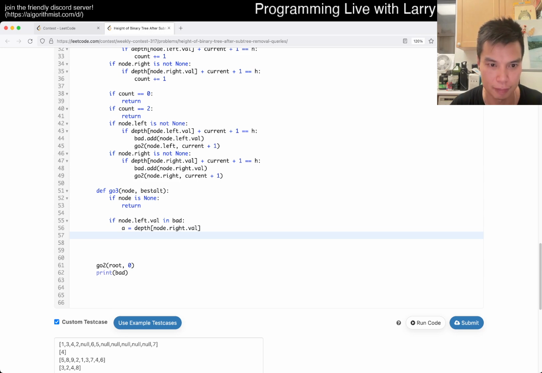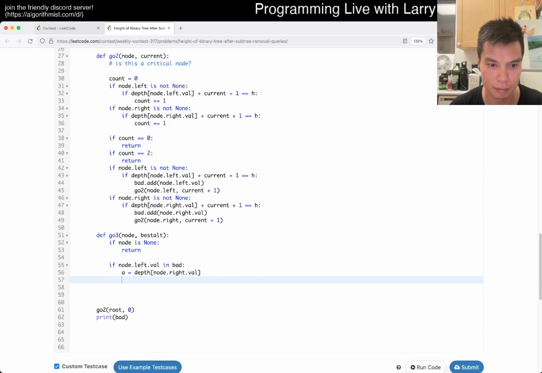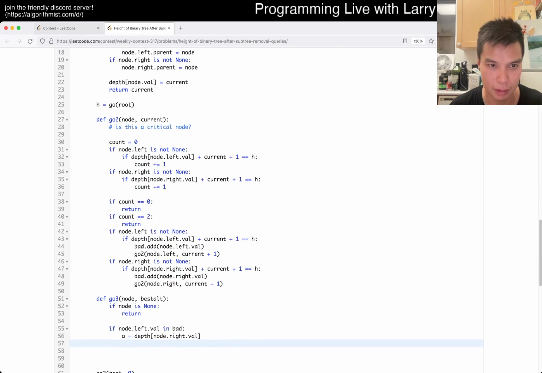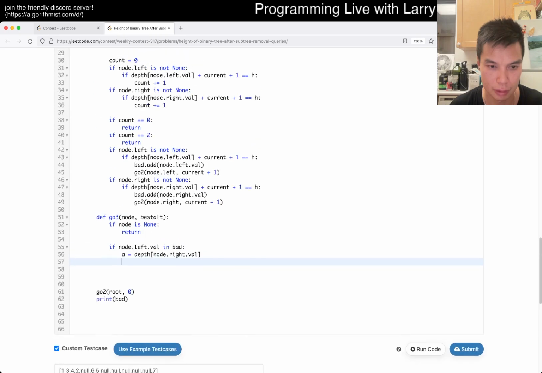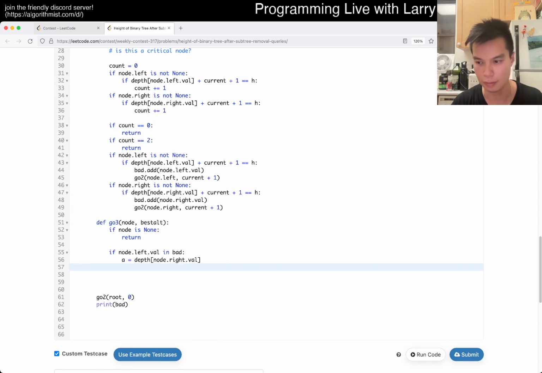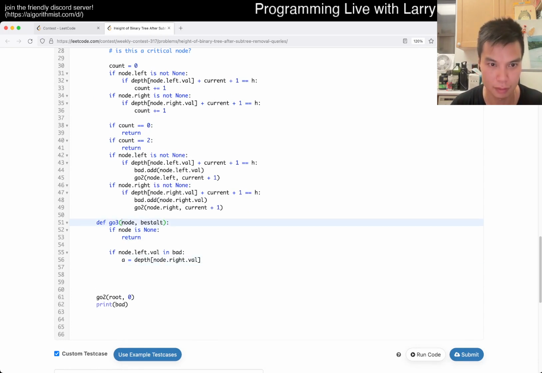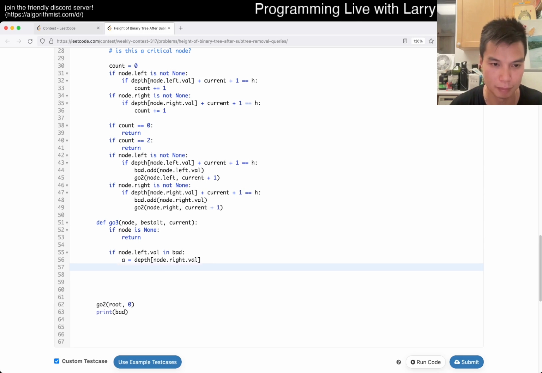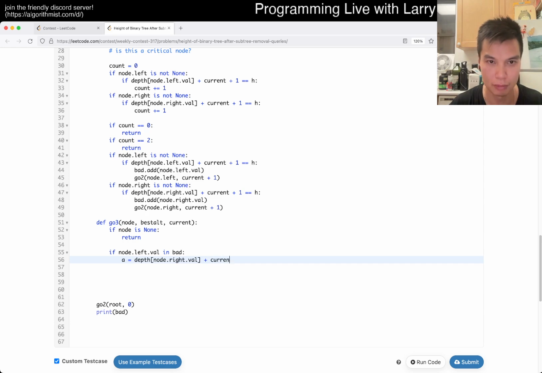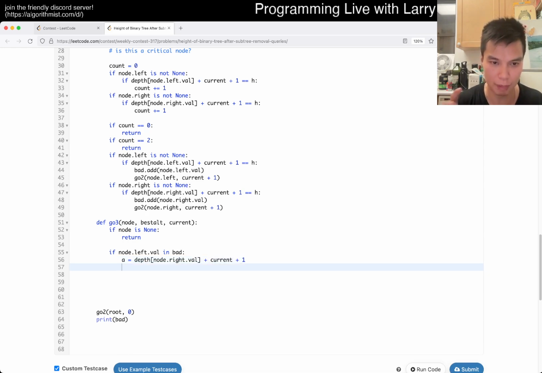and then, right, okay, so if this left is bad, then it's either the best alternate, so the depth of the other one plus current plus 1, this is the depth going the other way, and also best alternate.